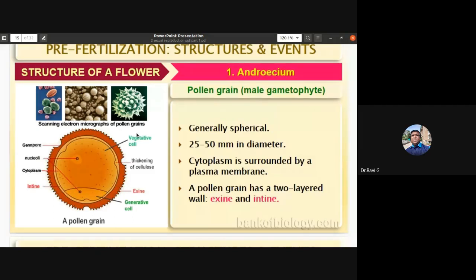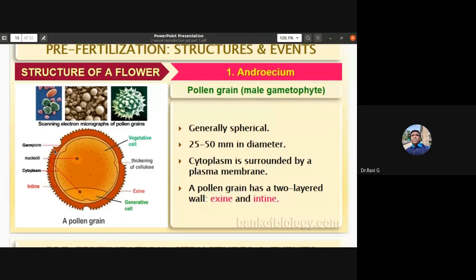Generally, a pollen grain has an outermost layer called exine and an innermost layer called intine. The exine has a chemical deposited on it called sporopollenin. So this makes the pollen grain very sturdy.